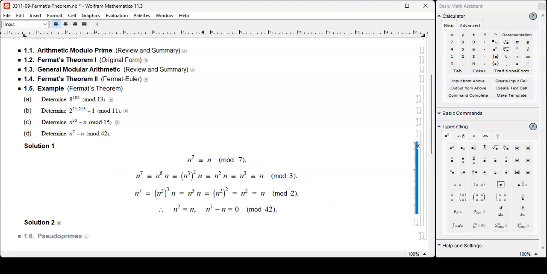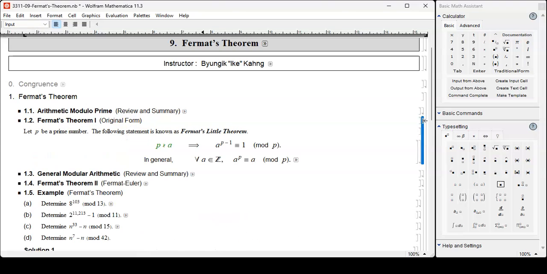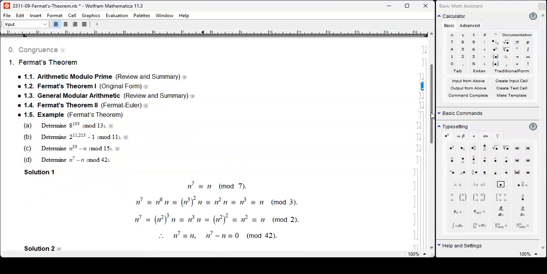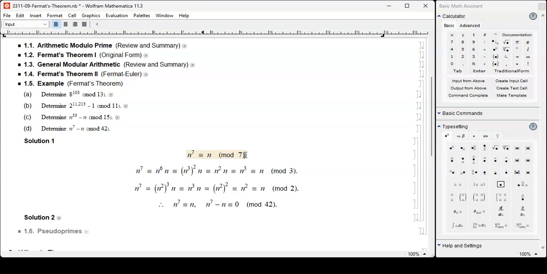Let's see, is that the solution? Yeah, okay. This is the solution that I want to emphasize. N to the 7th power is congruent to n mod 7. Okay, all right. Directly, a to the p power is congruent to a. So, okay, we got that.